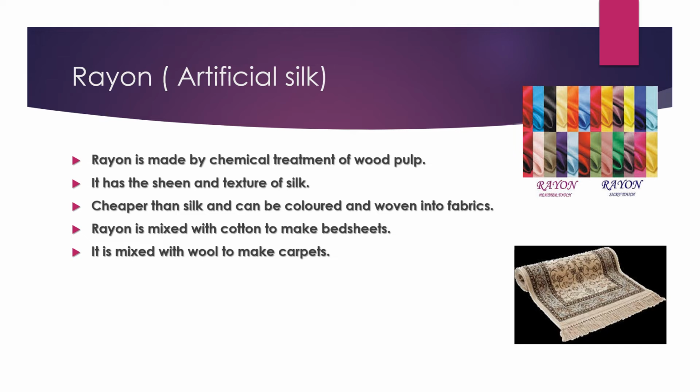So people found that because of all these reasons, silk was a little far away to purchase and use, with so many hurdles, and hence rayon was discovered by treatment of wood pulp. Rayon is made by chemical treatment of wood pulp.